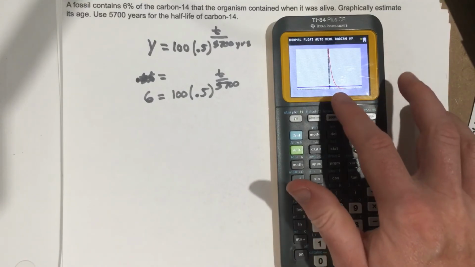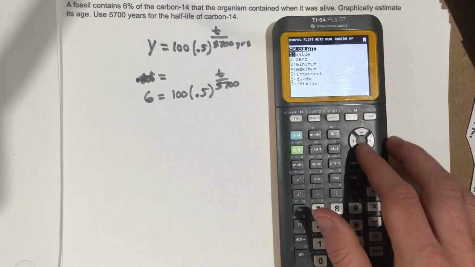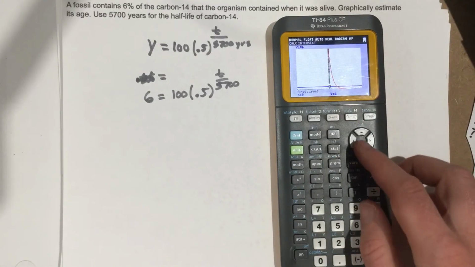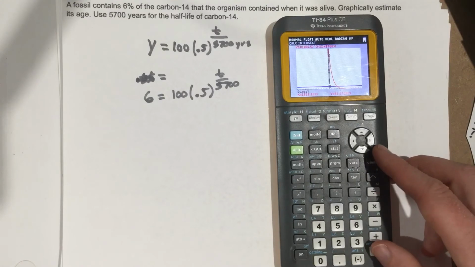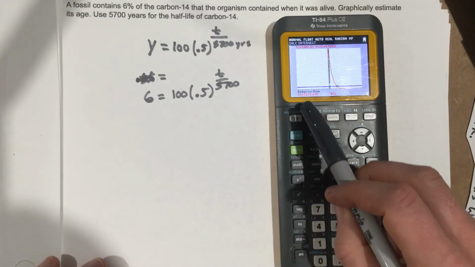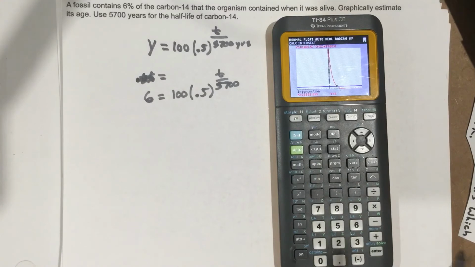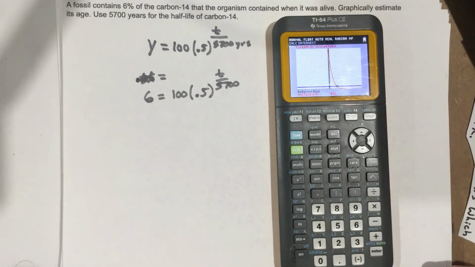Okay, so we can see they're intersecting there. Let's go second, calc, find that intersection. That's the first curve. That's the second curve. Guess it. They're intersecting at, looks to be 23,135.